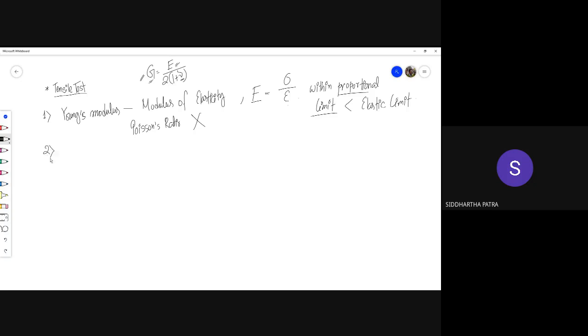Number two, we get to know that very property called the yield stress. But I'll put a question mark next to yield stress, because sometimes the determination of yield stress is not as unambiguous as you would want it, not as definite as we would like.